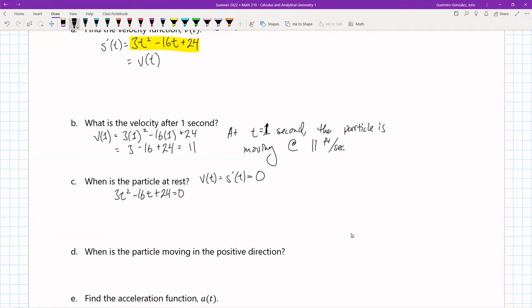What always works when you want to find a quadratic equal to 0 is the quadratic formula. So the t, right, where the velocity is equal to 0 is going to be at minus b plus or minus the square root of b squared minus 4ac all over 2a, okay?